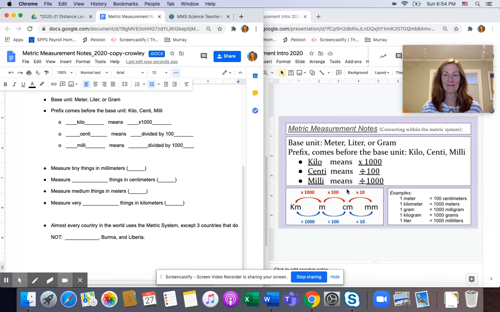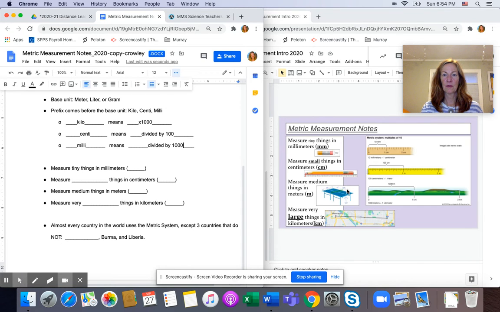Okay. Now, just some visuals, because I think this will make it easier for you to understand. So we measure tiny, tiny things in millimeters. Things like, if you wanted to measure the diameter of your pencil, right? It's very small.